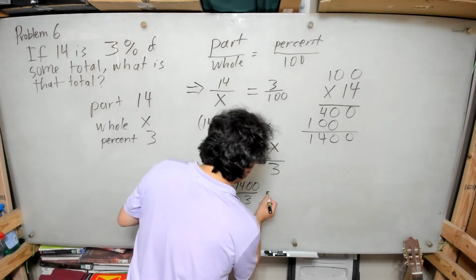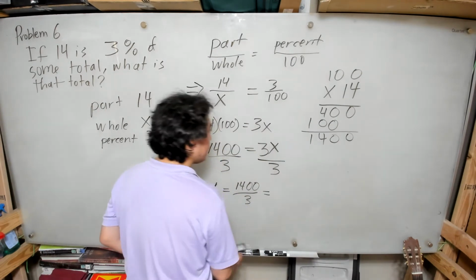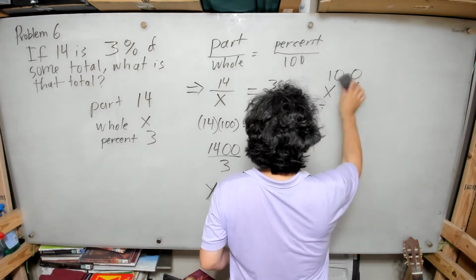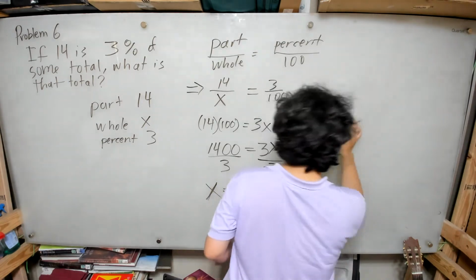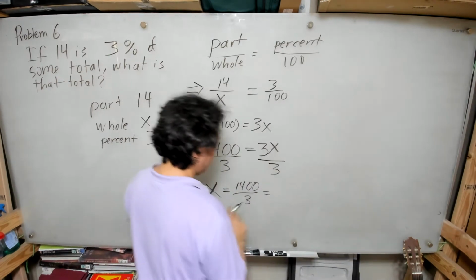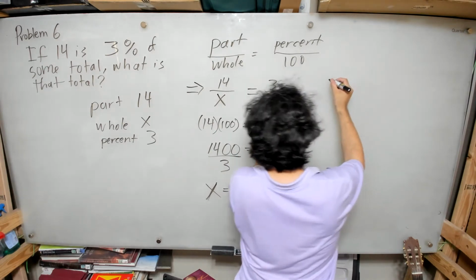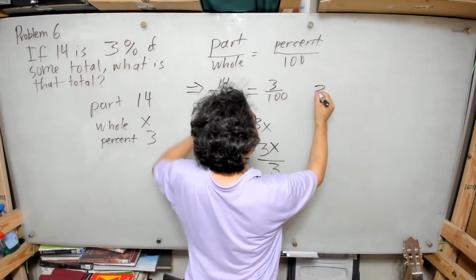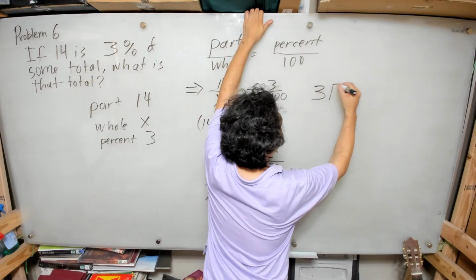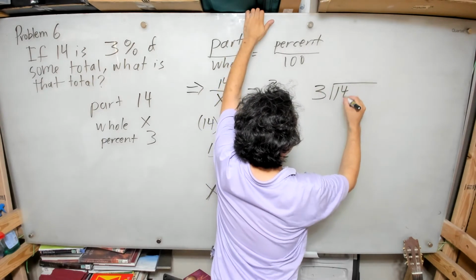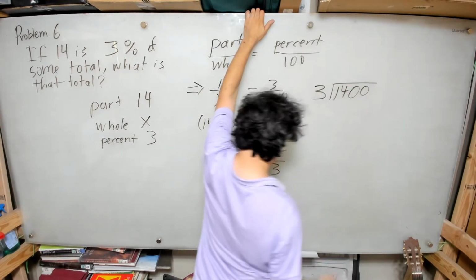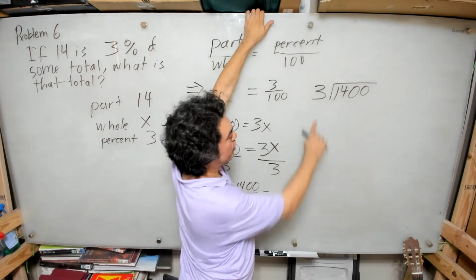So now I'm going to perform the long division for us. That way we can see how we can best express this result. So the question I'm going to ask is how many times 3 goes into 1400. Does 3 go into 1?